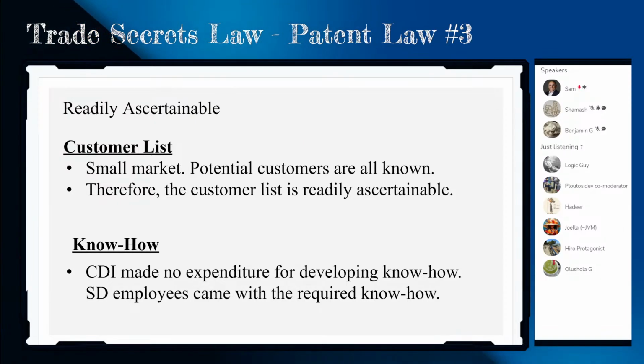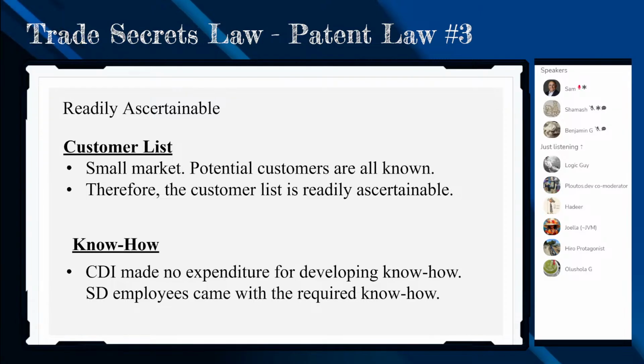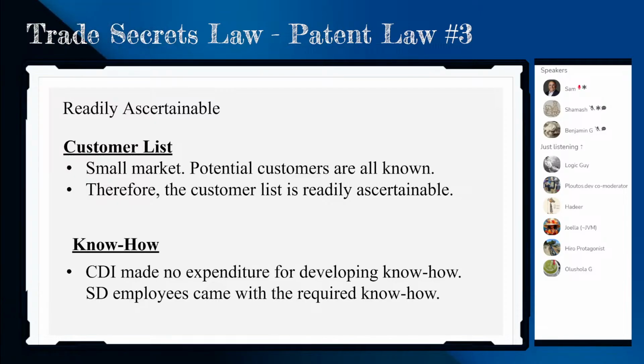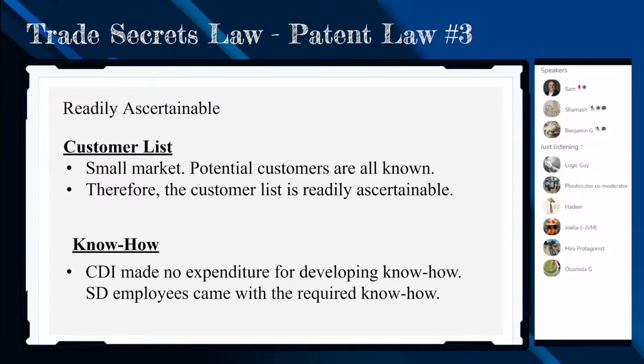So customer list, the court says, the South Dakota oil business is a very small market. Everybody knows everybody. These guys knew everybody. It's kind of like you open up the yellow pages, you can determine the customer list from that. So the customer list was readily ascertainable.